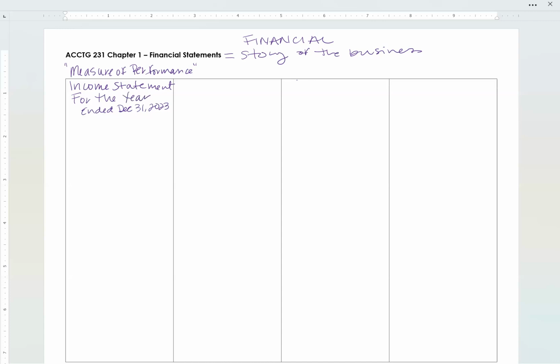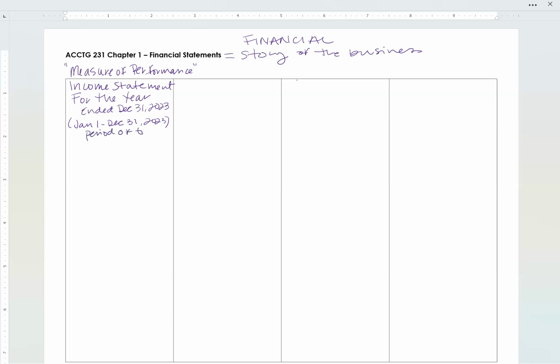So if we used the title for the year ended December 31st, 2023, that's really going to mean January 1 through December 31 of 2023. Now, this in parentheses would not show up on the income statement, but I want you to recognize that that's the period of time.